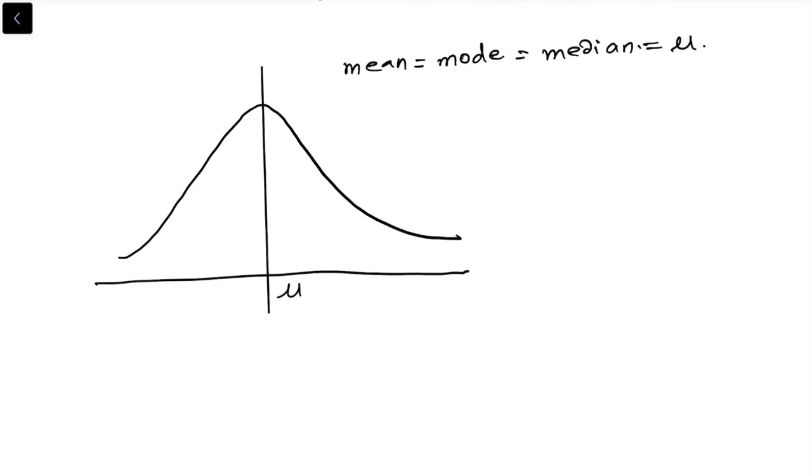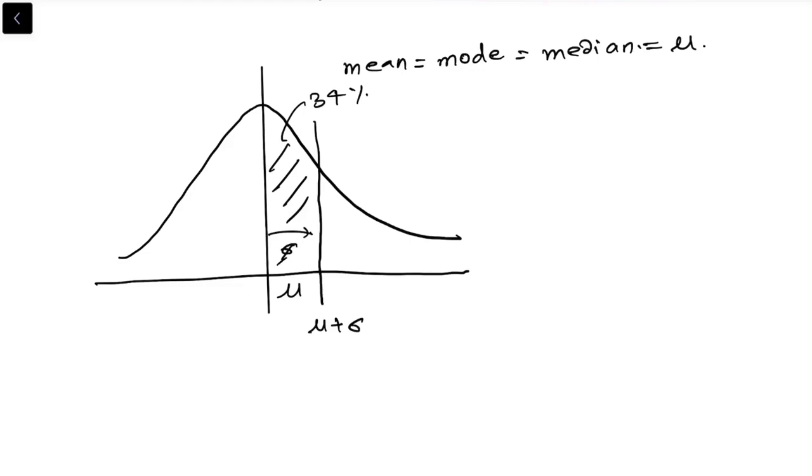All right. Now there is something called 6 sigma rule in normal distribution. So if we move the sigma from mu, so let's say this is mu plus sigma, then this area is approximately 34%.